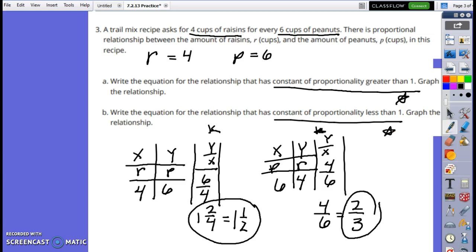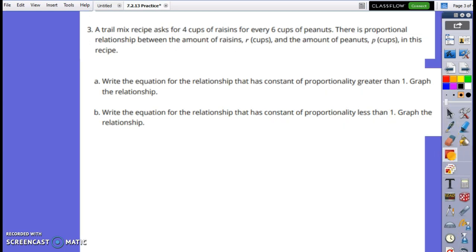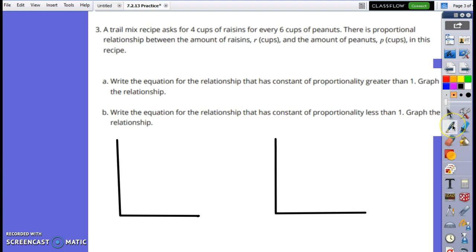So let's take a look and see what those two different relationships would look like. In this relationship, we might be comparing raisins on our x-axis, and on our y-axis, we'll be comparing peanuts. And on this, we'll have a different relationship.